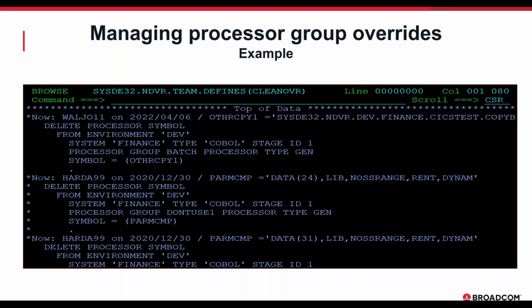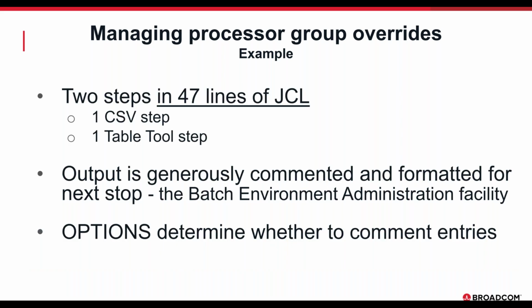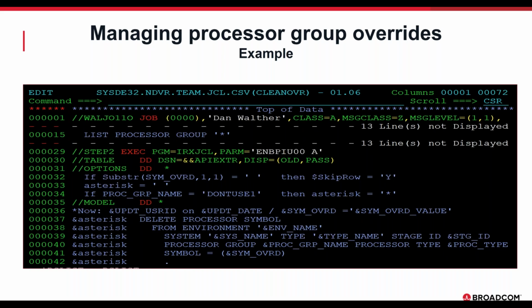Maybe it's a permanent override that we want to hang on to, or maybe it's a temporary one, but we're not ready to give it up just yet. So the whole thing is reported in this data, but it's commented out so that if this is executed, that second one listed is not going to be deleted. Okay, back to our JCL.